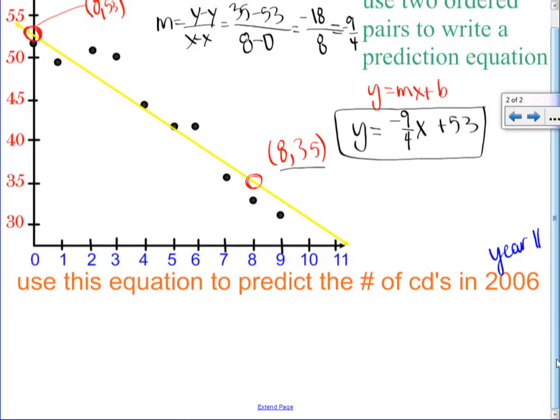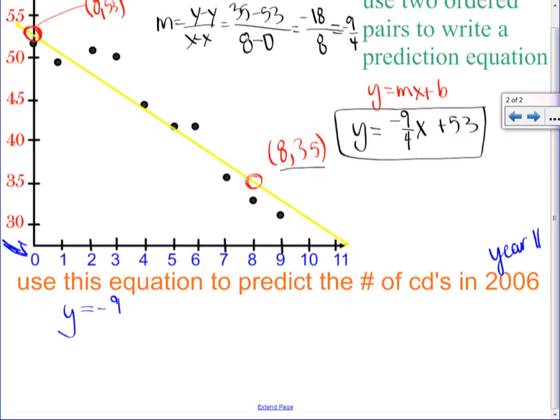What are we going to do to find our answer? We have our equation right there in the rectangle. Where does 11 go? That's along the x-axis here, right? Right here. Okay, so that's going to go in for your x.